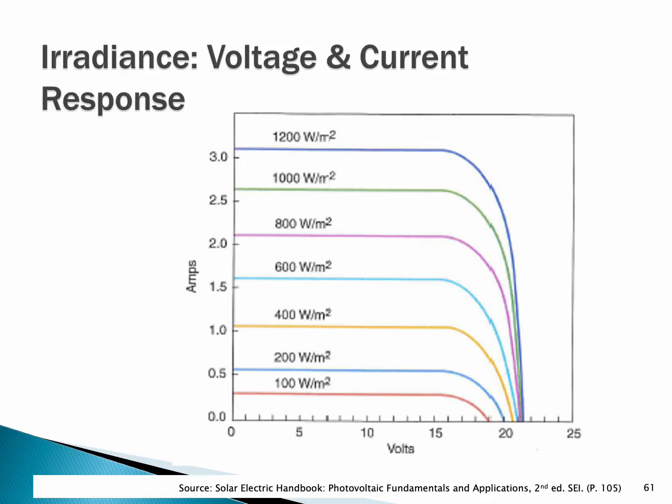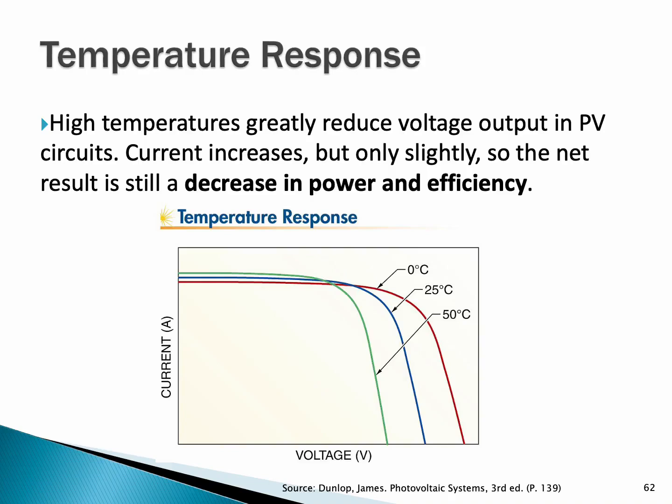Here's another one with more ratings on it. And then they assigned current numbers to this with 0 all the way up to 3 amps. Voltage is going to be influenced by temperature, and again, we're going to be more or less fixed at a fixed voltage.